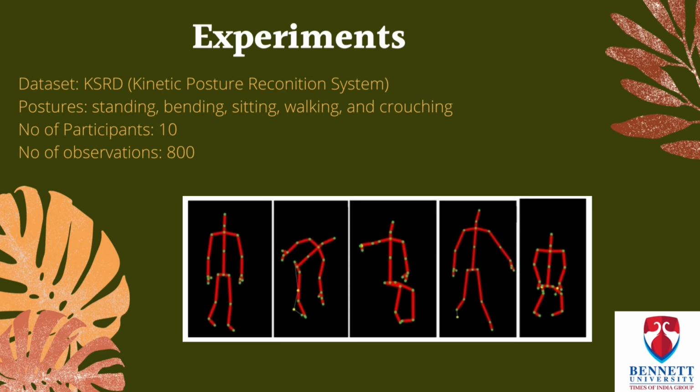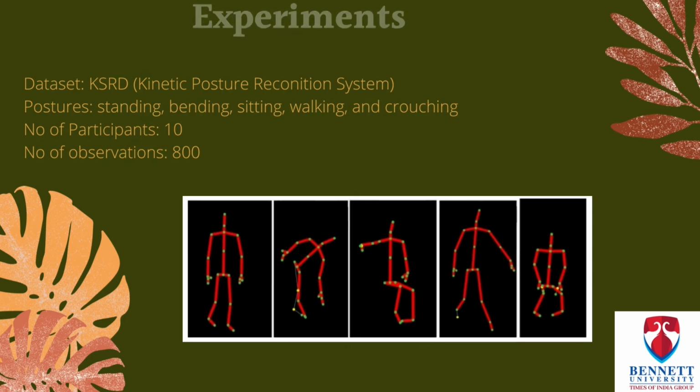The dataset includes a total of 800 observations, used for training and testing the proposed system. The dataset is randomly divided into training and testing sets using the k-fold cross-validation method with k equals 10. The figure shows examples of human body skeletons corresponding to the five classes.